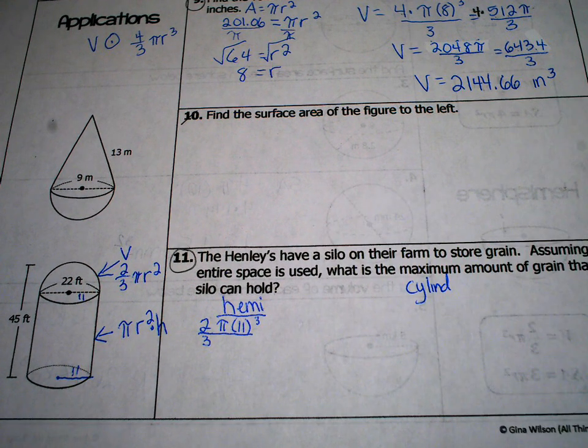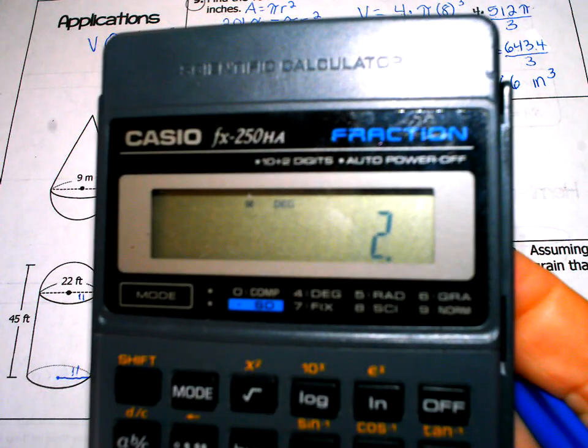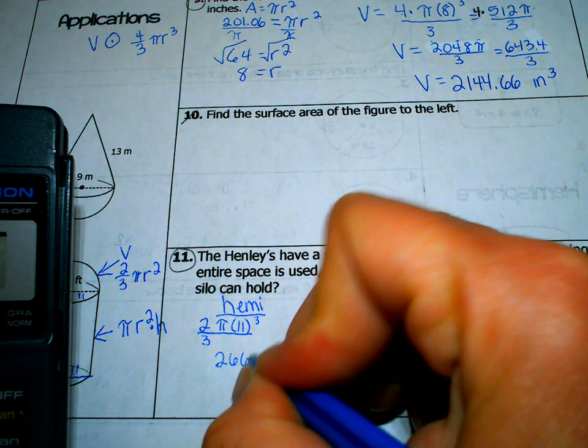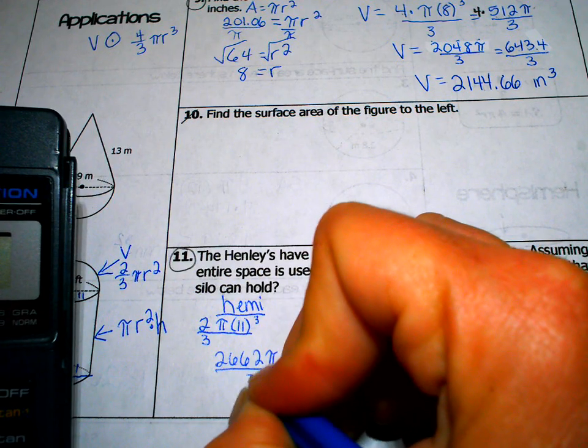Oh, times 2. I made that mistake on the last problem. Can't do that again. 2662. 2662 times pi divided by 3.